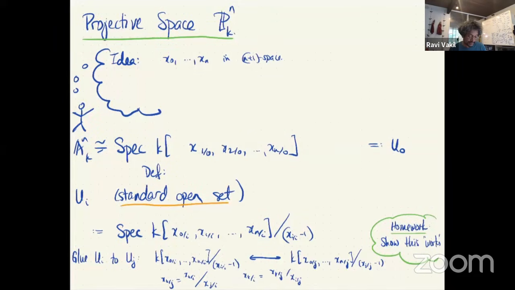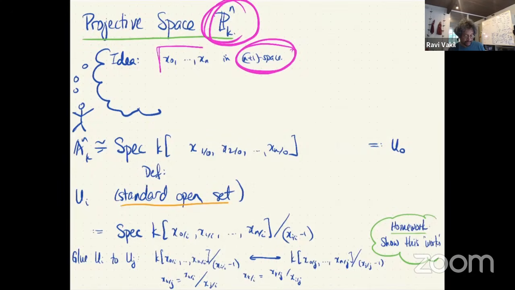So the idea of projective space is supposed to be that we take n+1 space and we take this quotient. So n+1 space might have coordinates like this. So there's our picture: if we're in R2, P1 is the lines through the origin.